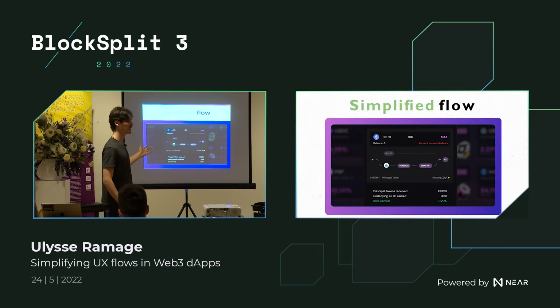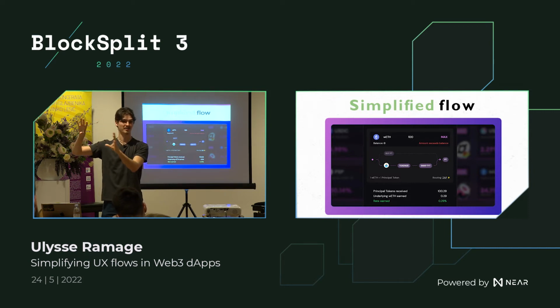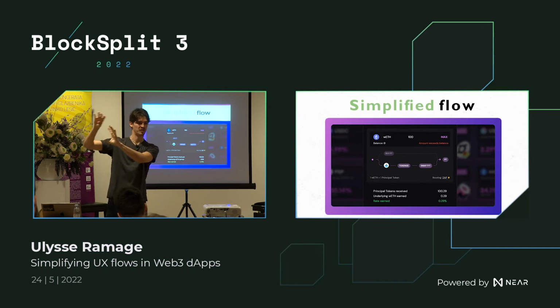And to do this, we made it very easy through what we call a ZAP. A ZAP is a smart contract that uses one or more smart contracts to build a new interface. And basically, with only one function, it does a lot of things behind. It does a lot of transactions, right?